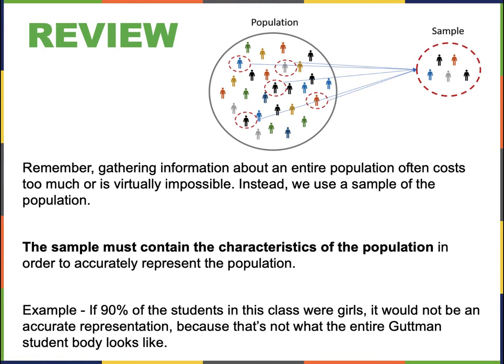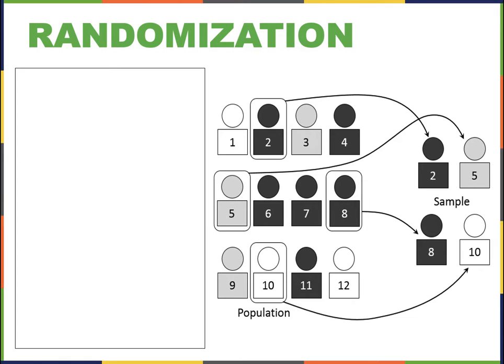For example, if 90% of the students in this class were girls, it would not be an accurate representation because that's not what the entire Gutman student body looks like. Let's look at randomization, and you can get a better picture by looking at this image shown on the slide.